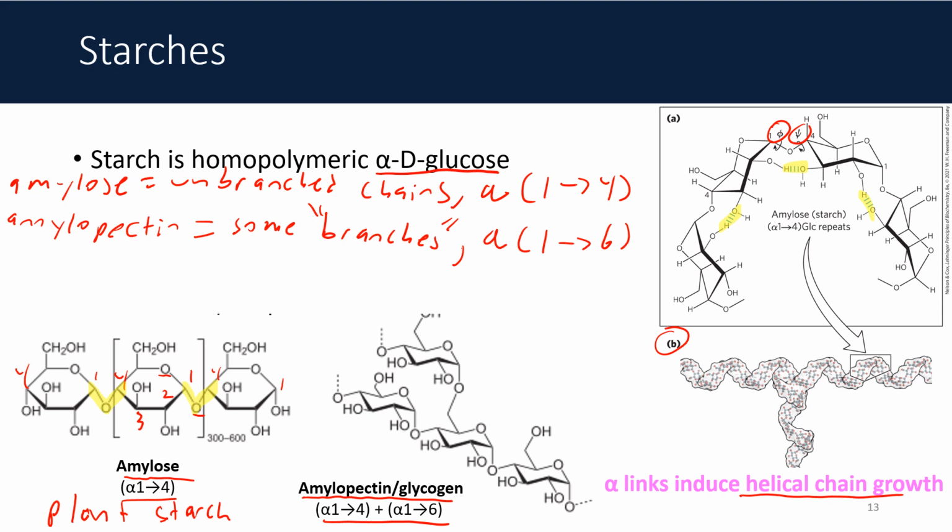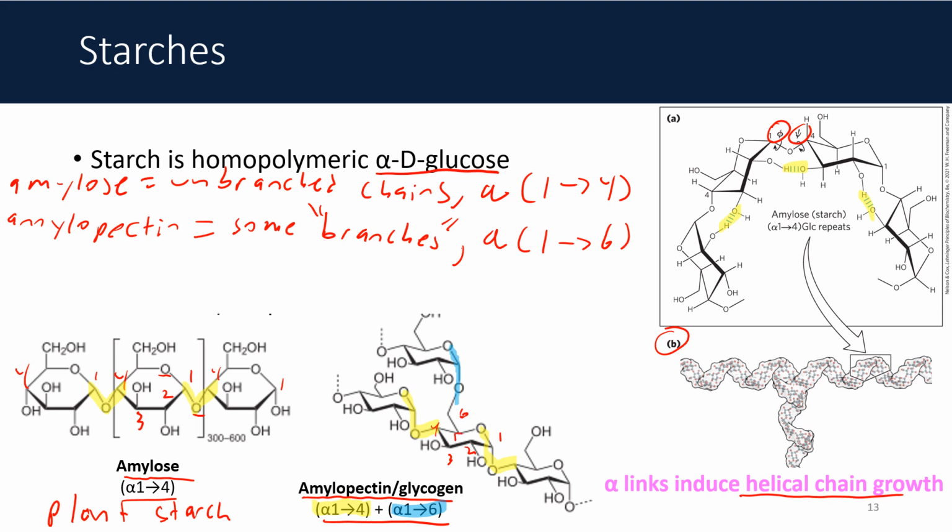I'm going to highlight the alpha-1,4s in yellow. And let's do blue for the alpha-1,6. And we can count it out. 1, 2, 3, 4, 5, 6.